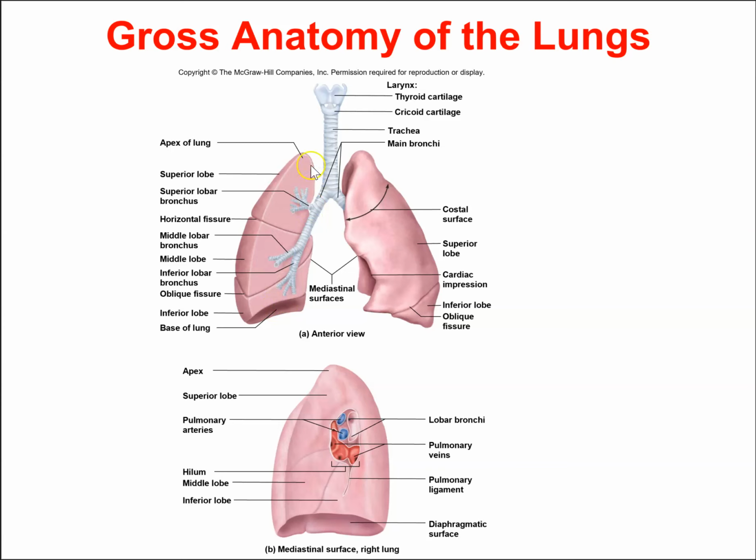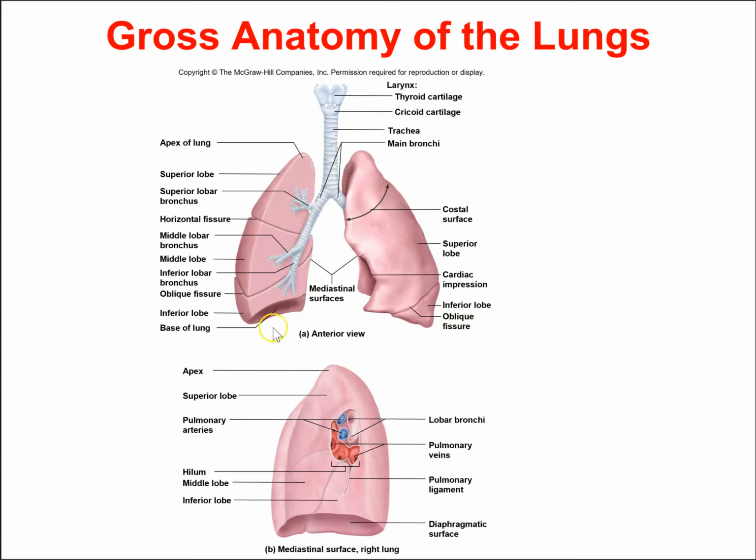And the tip of the lung is called the apex of the lung, and it projects right above the clavicle. And the costal surface is basically the surface which is pressed against the rib cage, and the mediastinal surface is the surface that faces medially towards the heart.